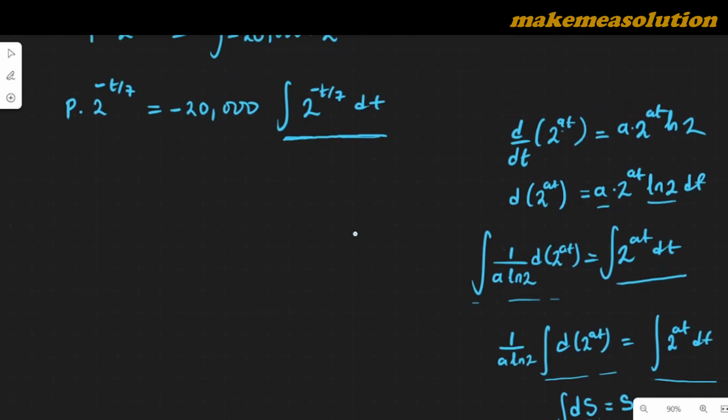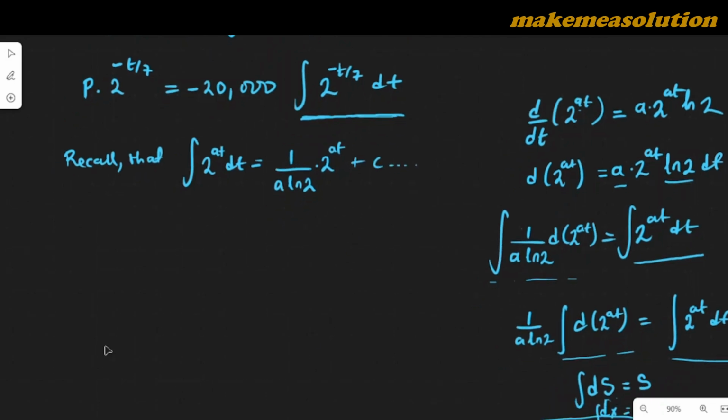So recall that the integral of 2 raised to the power of at dt is equal to 1 all over a ln 2, then 2 raised to the power of at plus the constant of integration. That is what we are going to apply to this side.